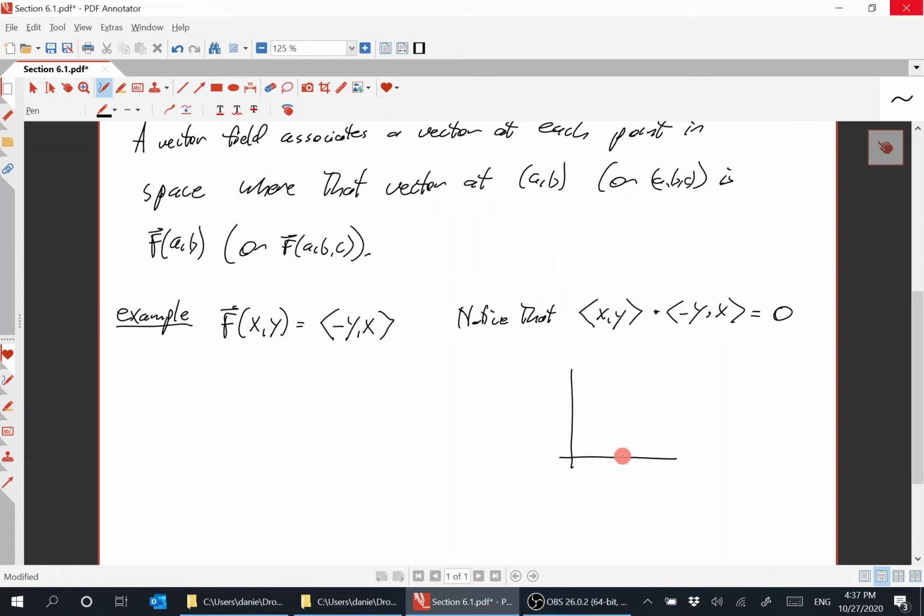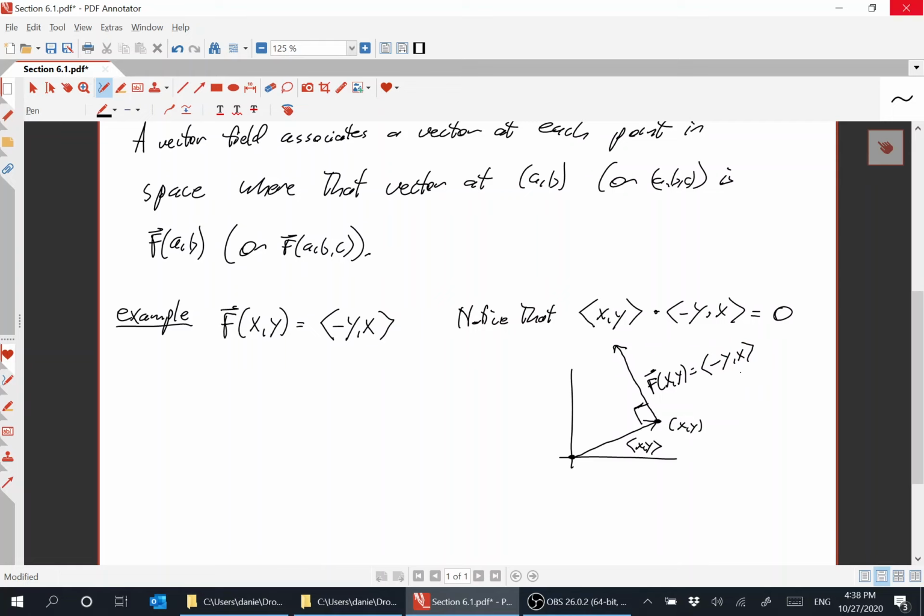So if this is the point x, y right here, this is the vector x, y. Now at that point, we want to associate F of x, y. So that's the vector of the exact same length, orthogonal to this one, and pointing in this direction rather than the opposite one. So this is F of x, y equal to minus y, x.